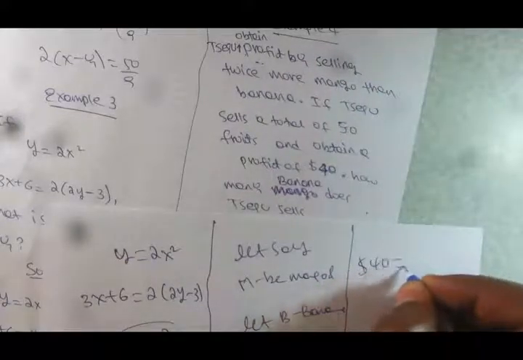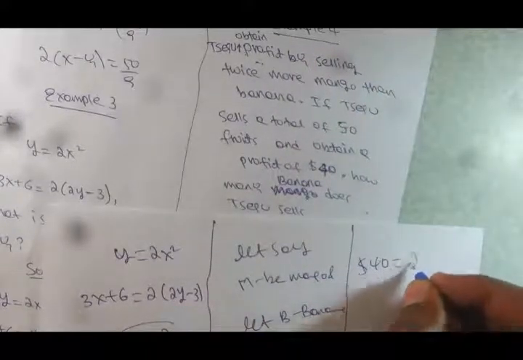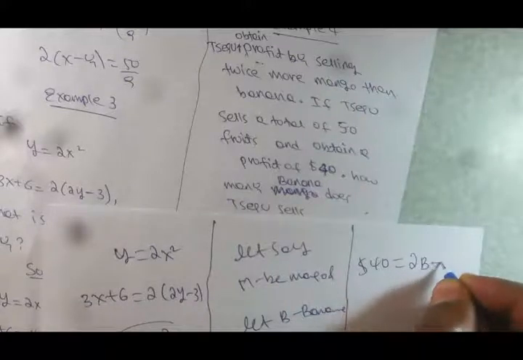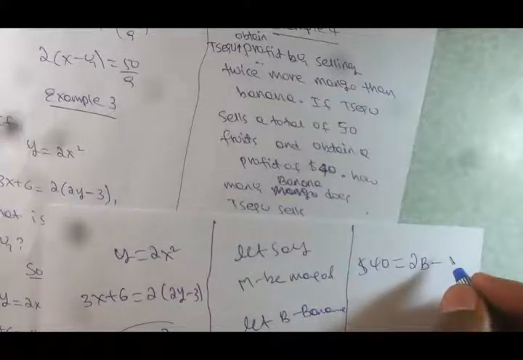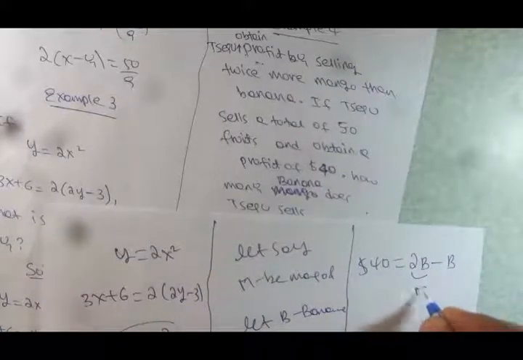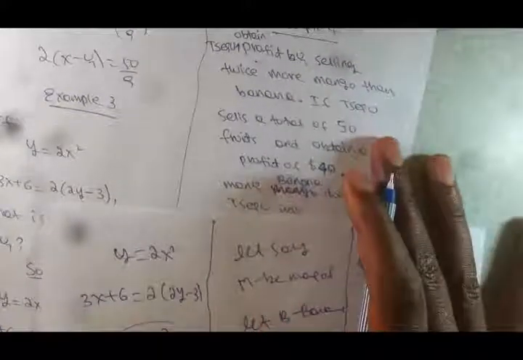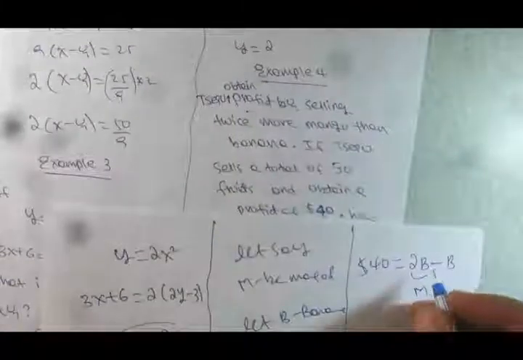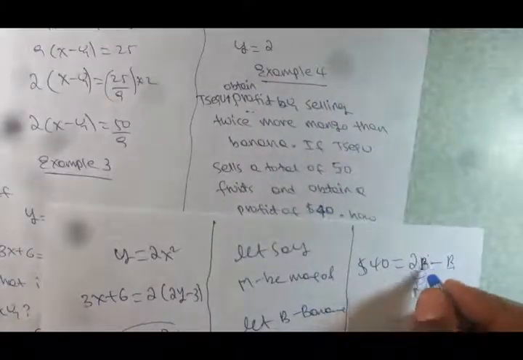So profit $40 was obtained when Tsagu sells twice of mango minus banana. Twice of M means this is mango, minus B is banana.